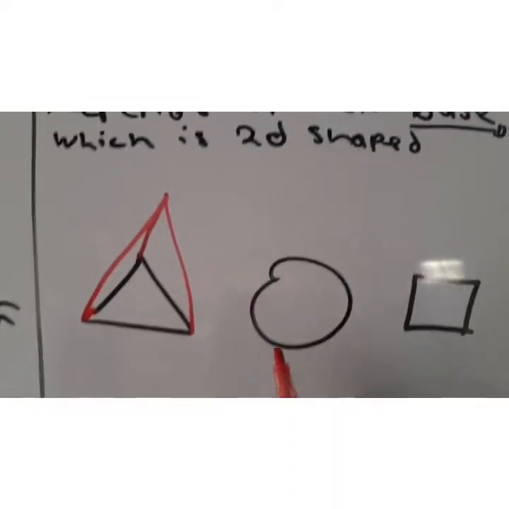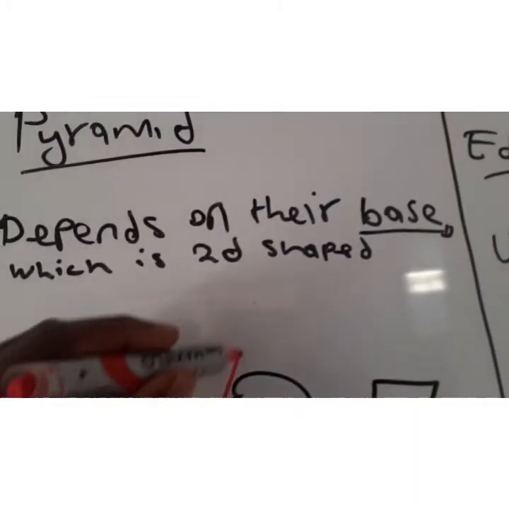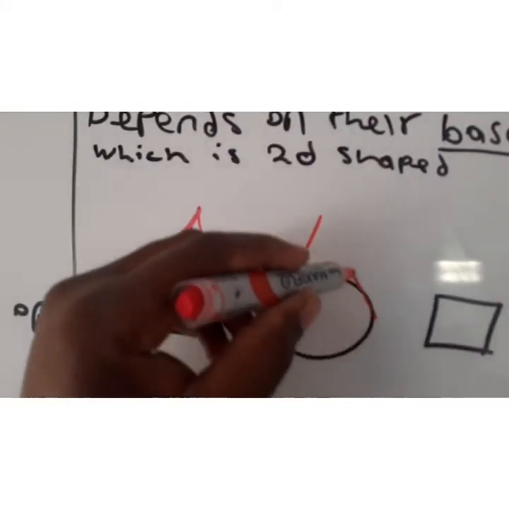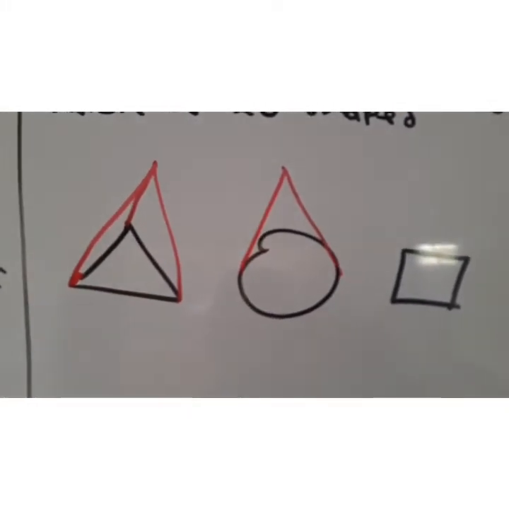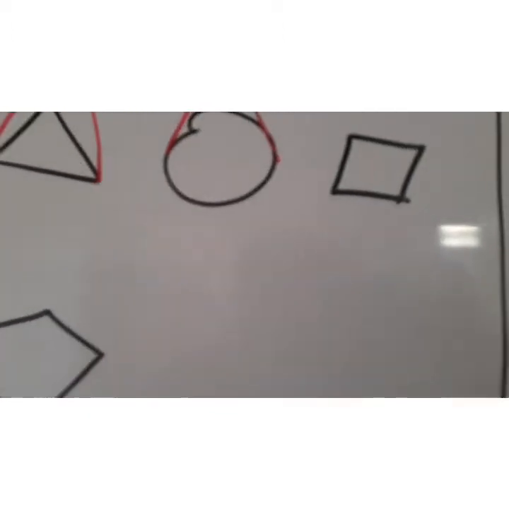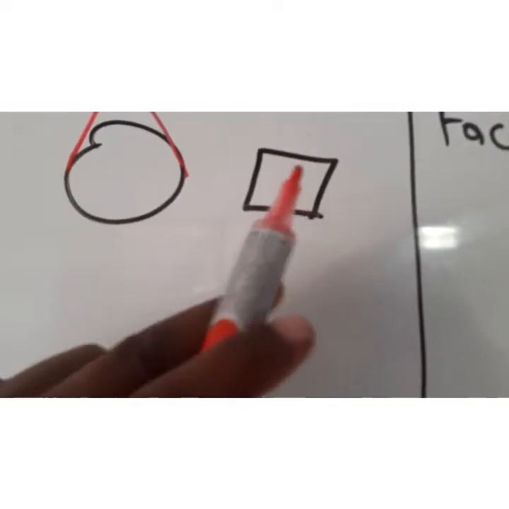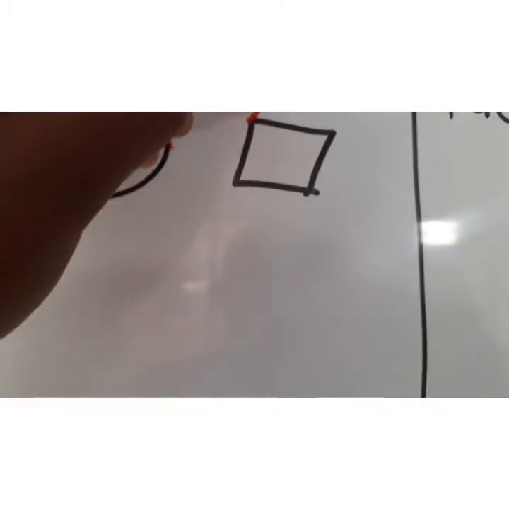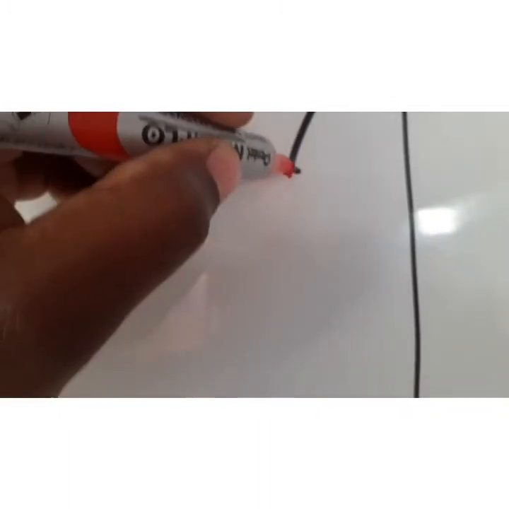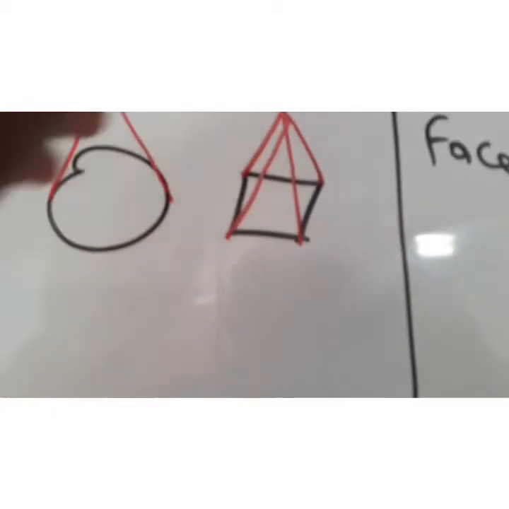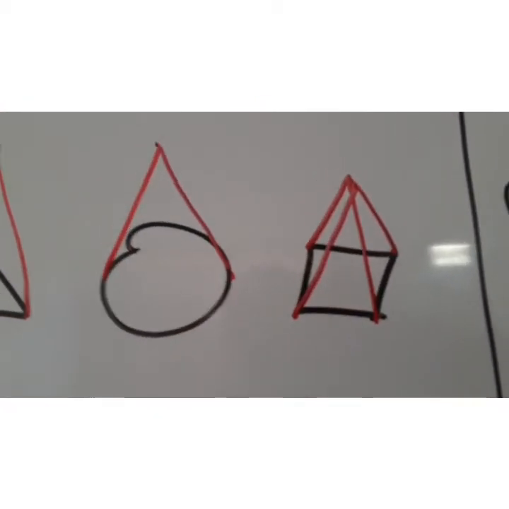If I have my circle, which is a 2D shape, and I make the points meet at one vertex, then that becomes a cone. If I have my square there, this automatically becomes a base, like I've explained. So I make all the vertices meet in one place, then that becomes my square pyramid.